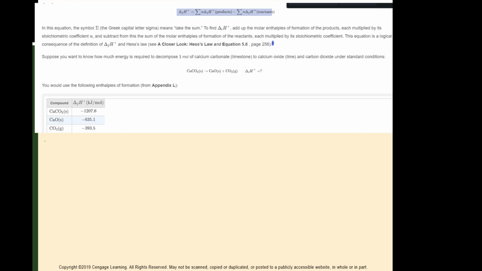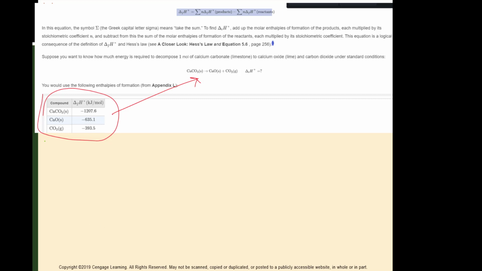So here we have calcium carbonate decomposing into calcium oxide and carbon dioxide. If we look up in the back of the book, in the appendix, to find the enthalpy of formation for each of these compounds, it gives us the enthalpies of formation for these 3 compounds.